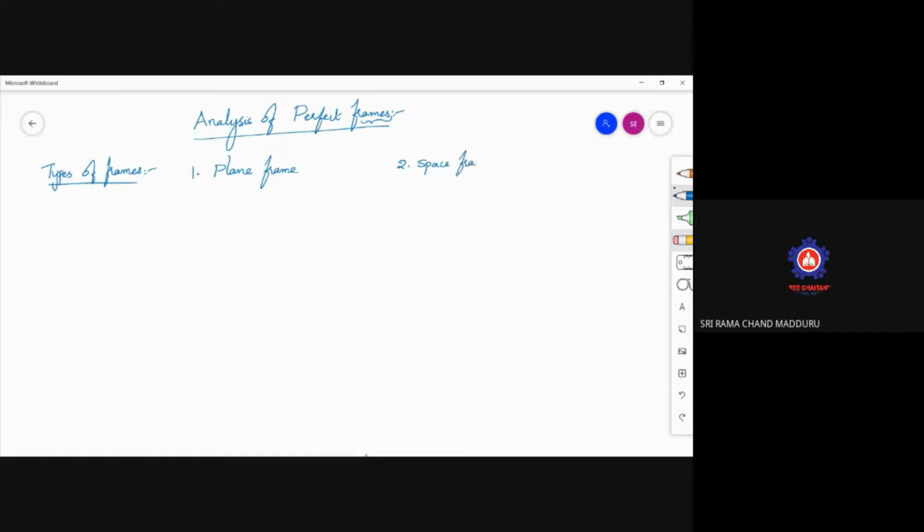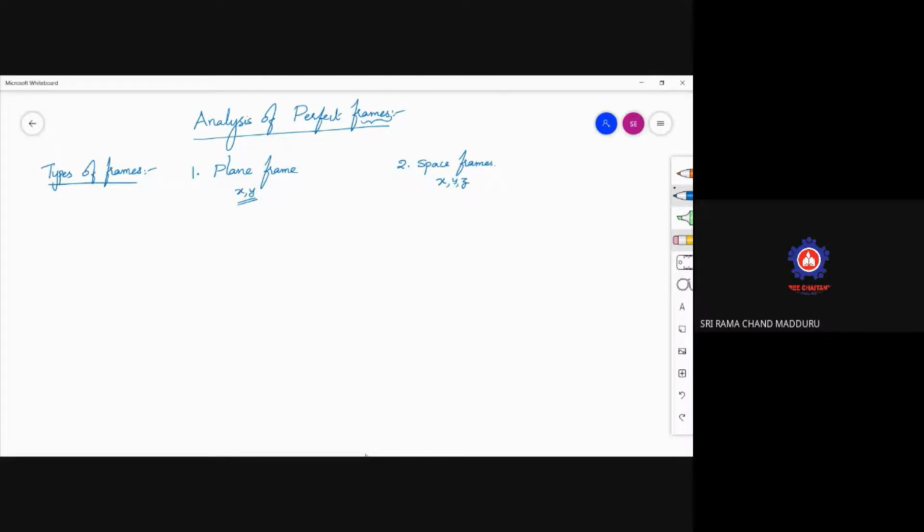In structures we are observing frames, and we understand here two-dimensional frames as well as three-dimensional frames. Plane frames are the category where only the x and y directions are considered in the analysis, whereas for space frames you will consider the x, y, and z directions.